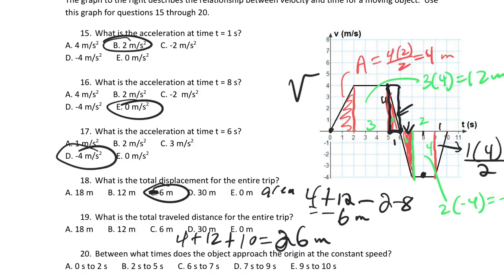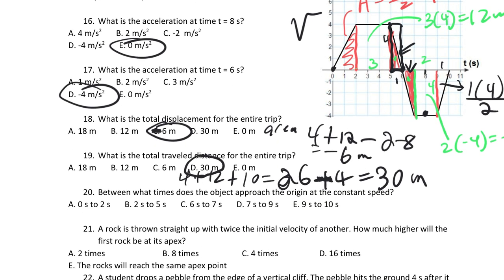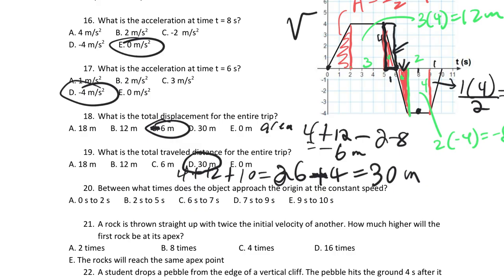Okay, so I have to add 4 to that. So I'm going to get 30 meters. Ding, ding, ding. Okay, so I had forgotten that these guys don't cancel out. And the bottom one is not negative, so I just put them together to make a little rectangle.